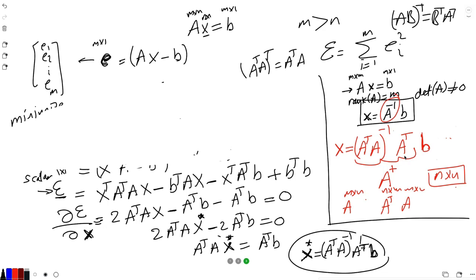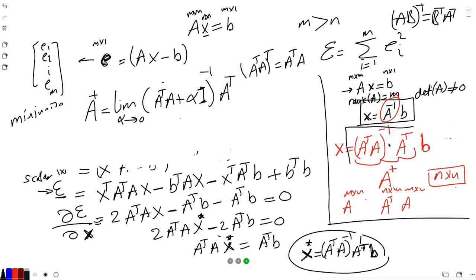One option is that we can say that A plus can be represented as the limit when some real number alpha goes to 0 of A transpose times A plus alpha times the identity matrix, which should be the same dimension as A transpose times A, here N by N, and then we take the inverse times A transpose. I mean this part, which is A plus, could be represented in this way.